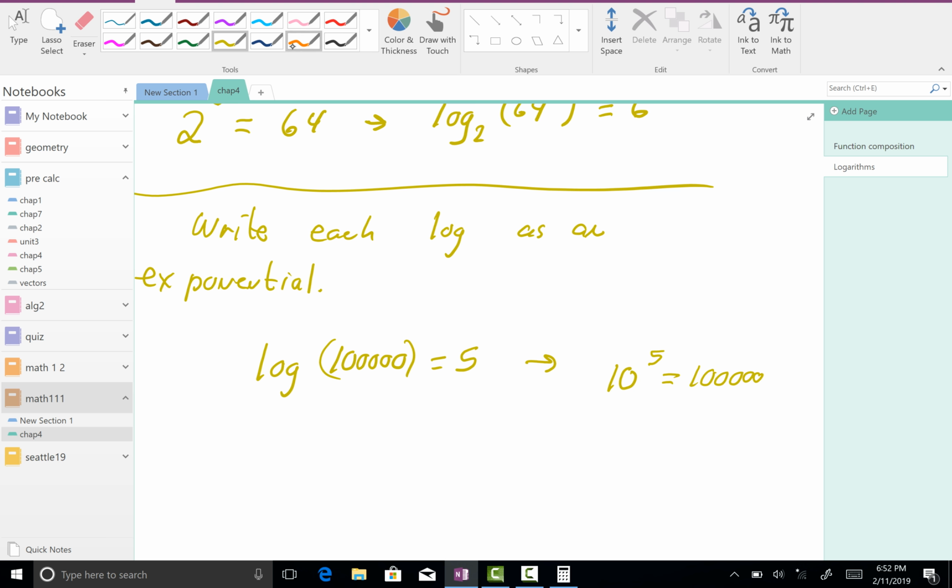And again, see how this is just switching here. This is your y here, but it's your x on this side. Because they're inverses, the domain and the range switch.